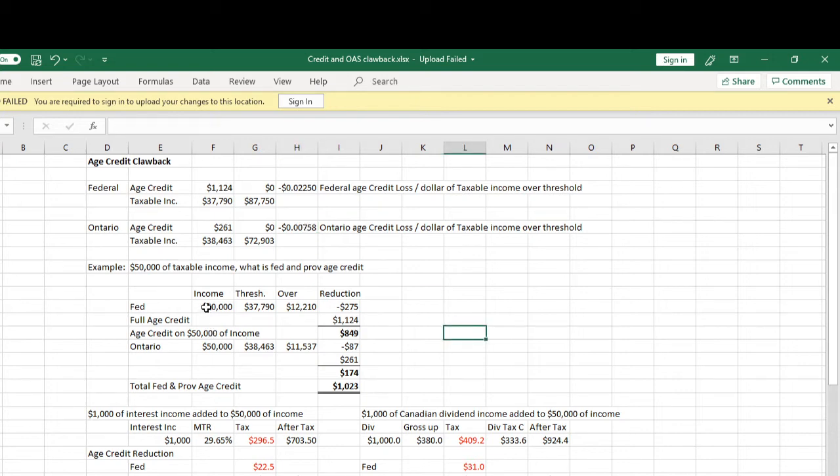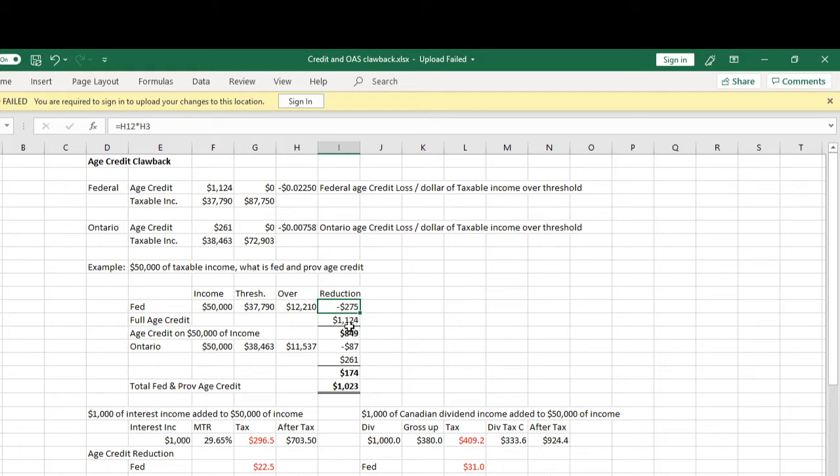Okay, so let's say taxable income is $50,000. So how does that affect the age credit? Well, the threshold is 37,790, and that means we're over by $12,210. So if I take 12,210 and multiply it by 2 cents, that comes to $275 of federal age credit reduction.